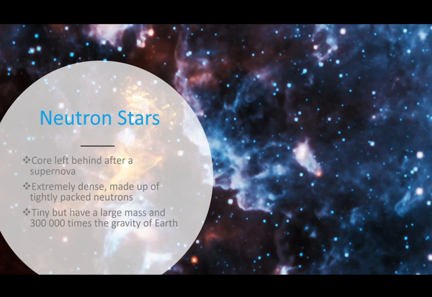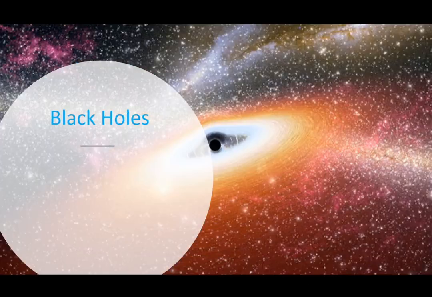So you can already see we're beginning to get towards that black hole category because there's so much gravity on these stars. They spin very quickly, and they emit radio waves, which we can then detect as pulses. So we can detect neutron stars by listening for these pulses.